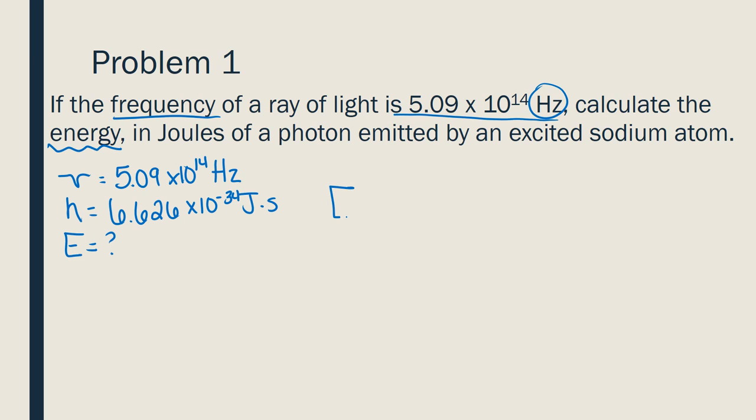So we know that E is equal to h times frequency. This one is just plain straightforward. We're substituting in to solve, so we can go ahead and plug in Planck's constant.